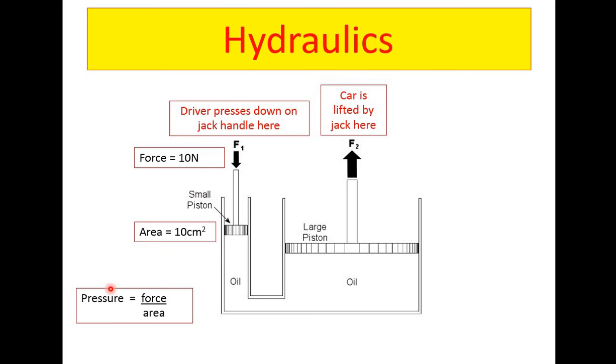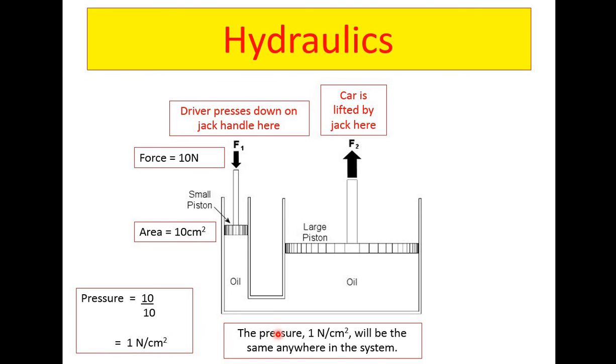You know this is the general pressure formula: force divided by area. So 10 divided by 10 gives you 1. The pressure, 1 Newton per cm², will be the same anywhere in the system, which means here or here, they all have the same value.